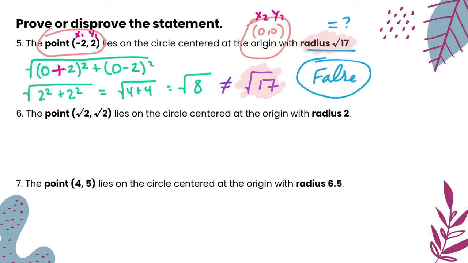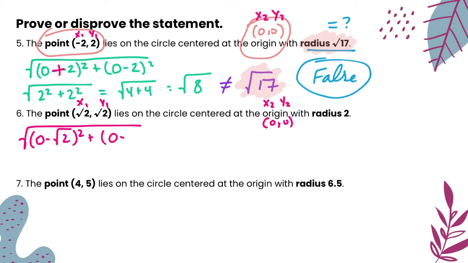So let's try another one. I'm going to use this as my x1, y1, and my origin as x2, y2 at 0, 0. So I'm going to have 0 minus the square root of 2 squared plus 0 minus the square root of 2 squared.